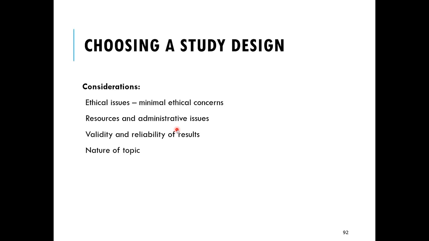For example, the Framingham heart study was started about 60 years ago, and it is still continuing, in which the researchers are trying to find out the relationship between ischemic heart disease and multiple factors. So you cannot conduct a study for more than 60 years if you have limited resources and are not provided with administrative support.